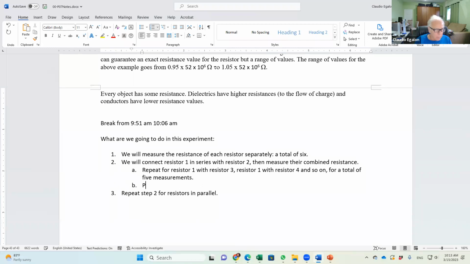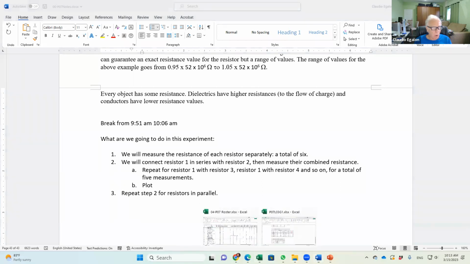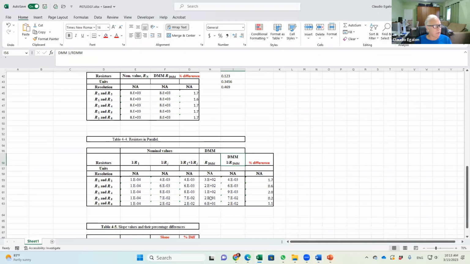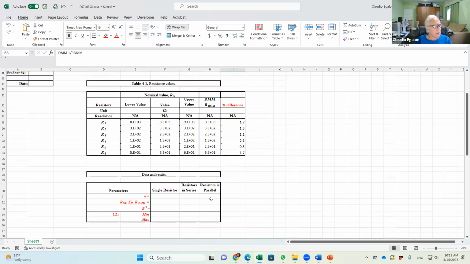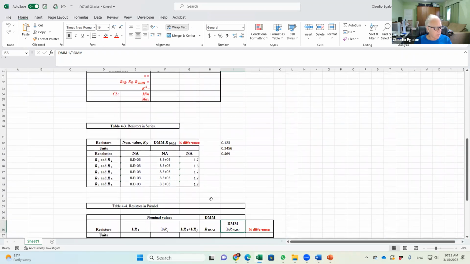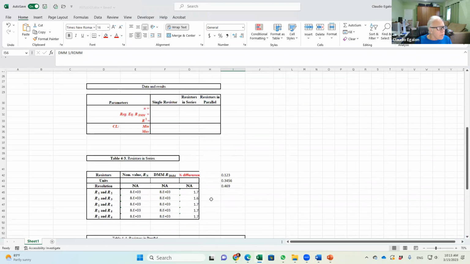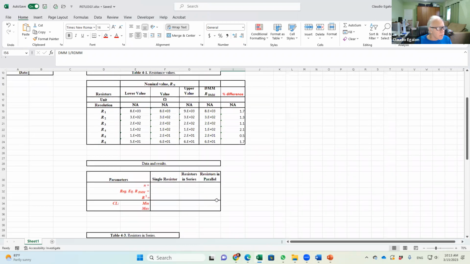On this one here, part B, plot. What are you going to do? Now you're going to plot the data that you got. Plot, let's say, this one here, resistors in series.